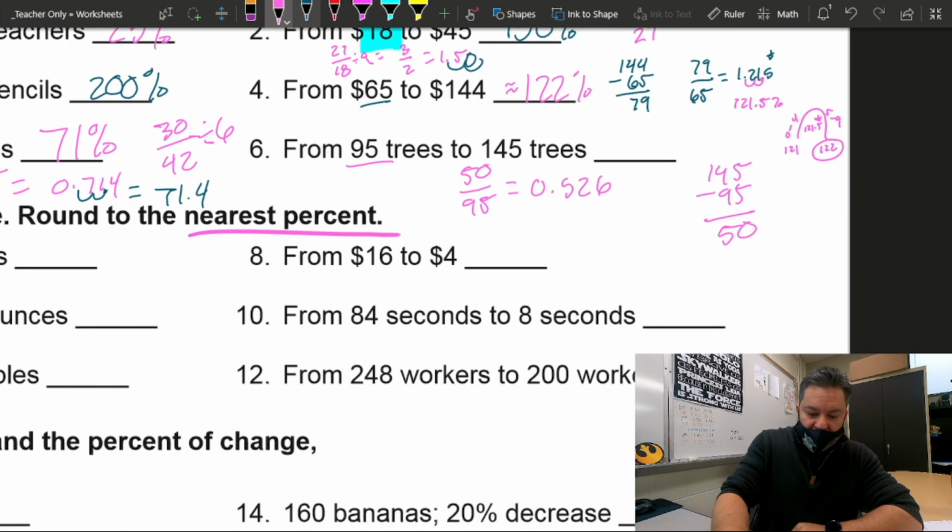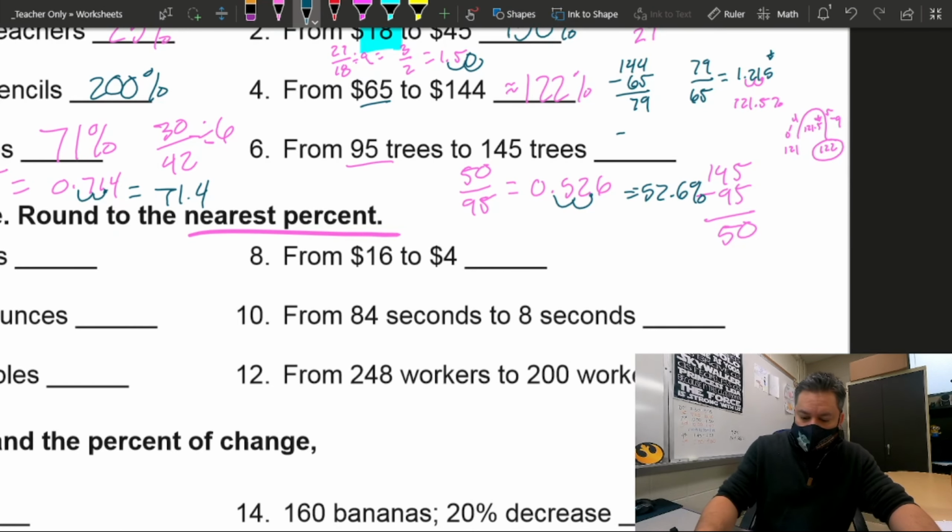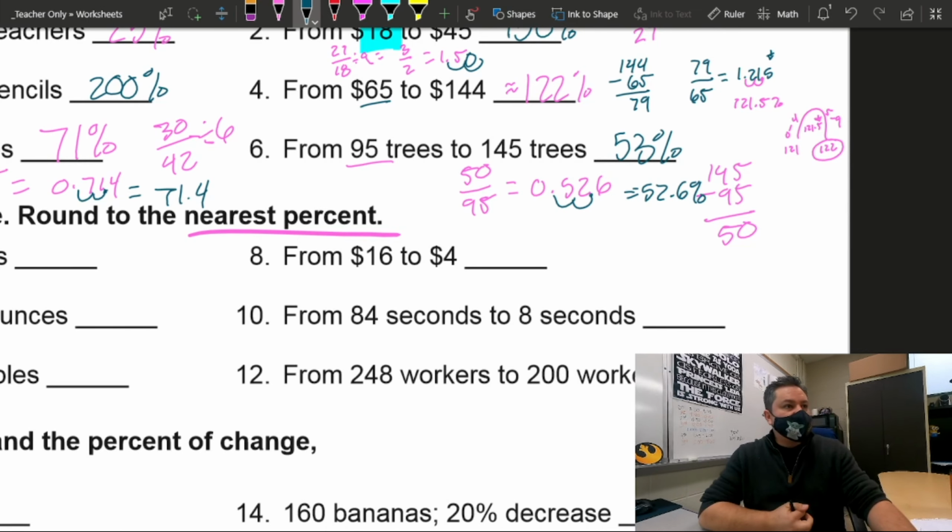And if I move the decimal 2 places to the right, 1, 2, I get 52.6%. But when I round it, do I get 52 or 53? 53. So my percent change is 53% increase.